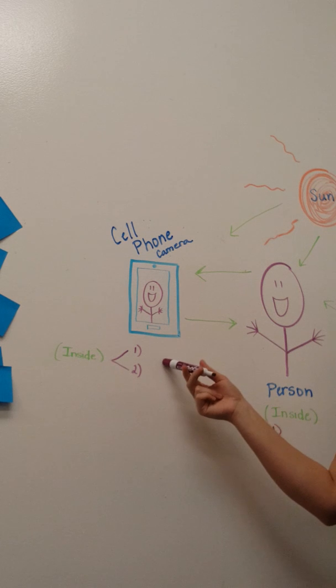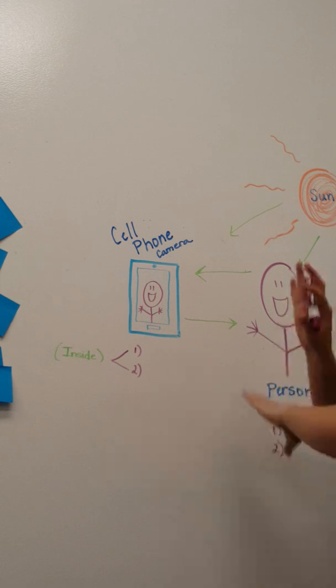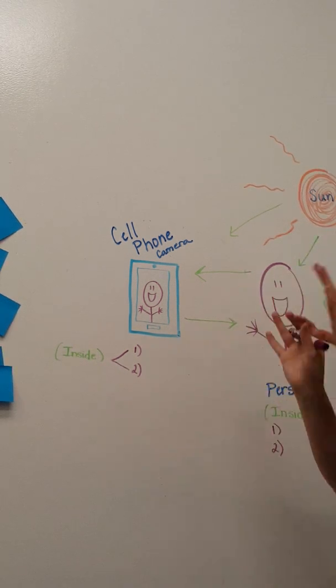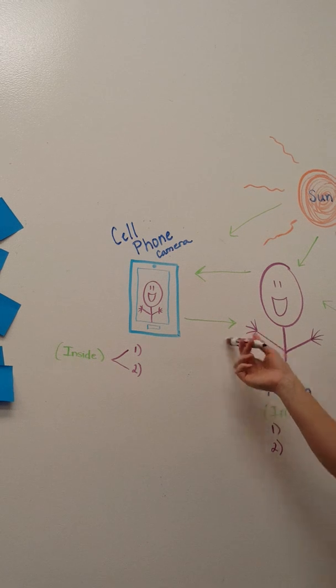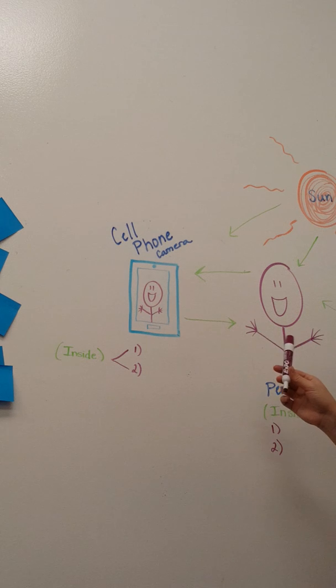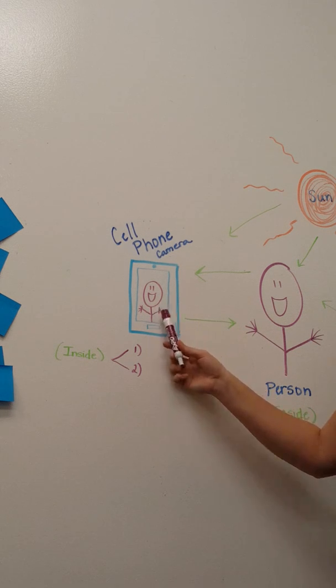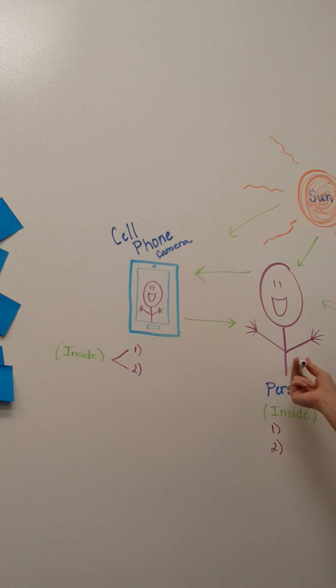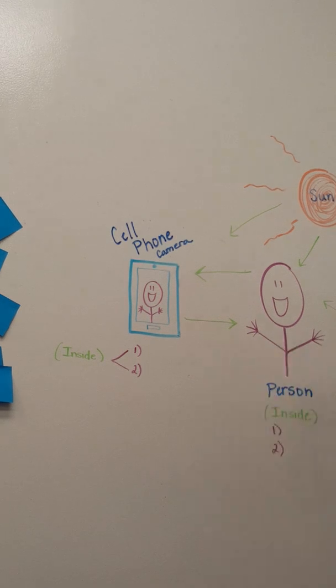Thomas is taking a selfie of himself. Now, in order to keep the diagram from being all convoluted, I'm not having him hold the cell phone. Someone else is taking a selfie of him. But he is here in the little screen on your cell phone when you take a picture, and he is over here as well.